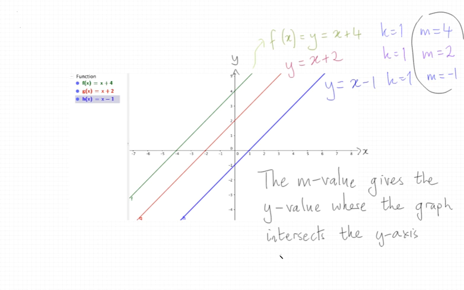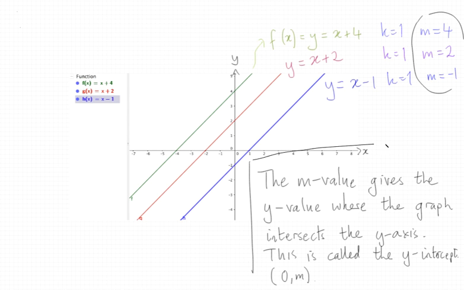And this is called the y-intercept. And the coordinates are 0 on the x, comma, m. This is important to remember.